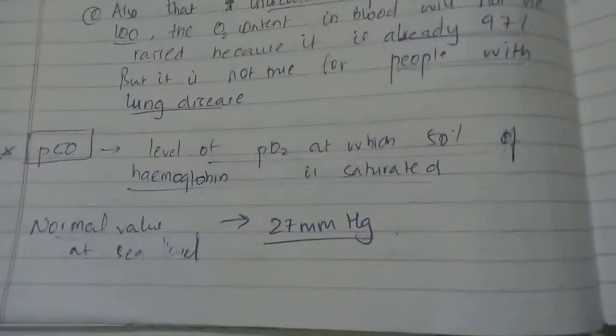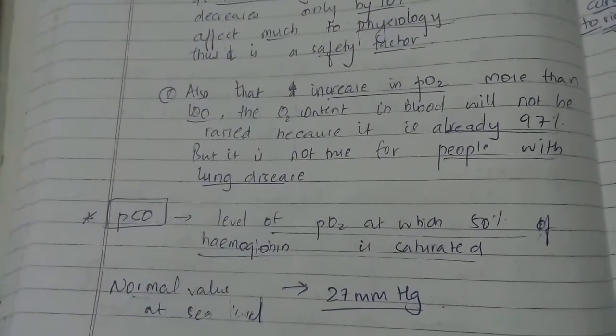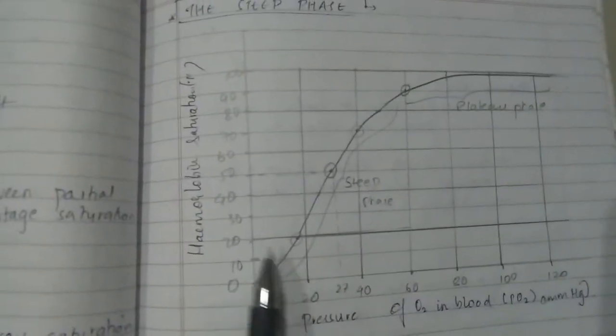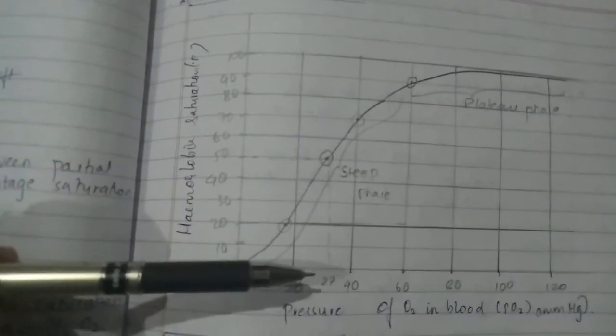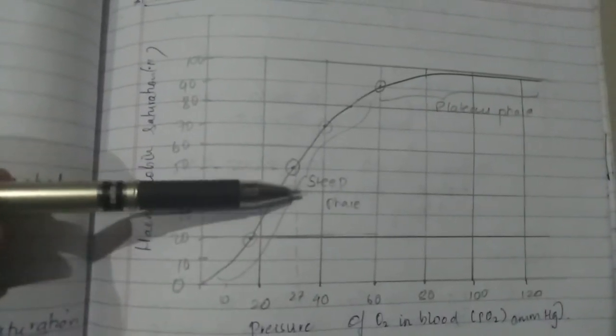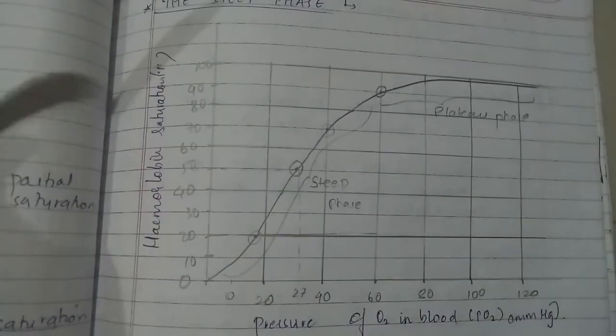Now one more important aspect is the P50. Okay, so what is P50? The level of partial pressure of oxygen at which 50% of hemoglobin is saturated is known as P50. Here you can see the partial pressure of oxygen at which hemoglobin saturation is 50%, which is normally 27, as you can see here.